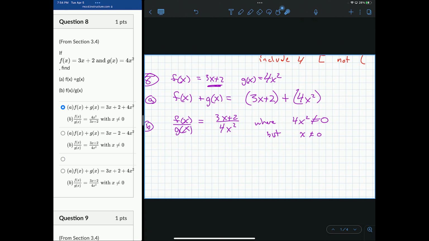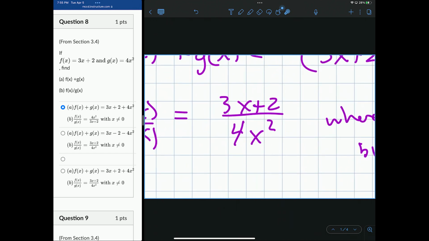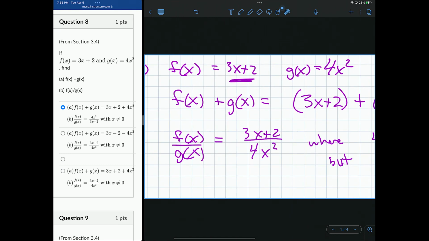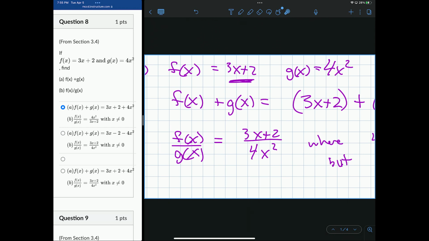So let's look at the first one. First one looks like the correct f plus g, but the wrong b, right? The b is wrong there. It's upside down. It's supposed to be 3x plus 2 on top, because that's f, and this one has it on the bottom. All right, let's look at the next option.